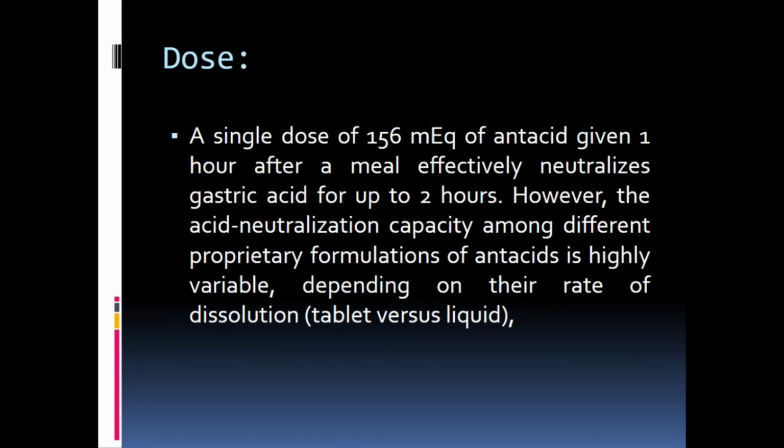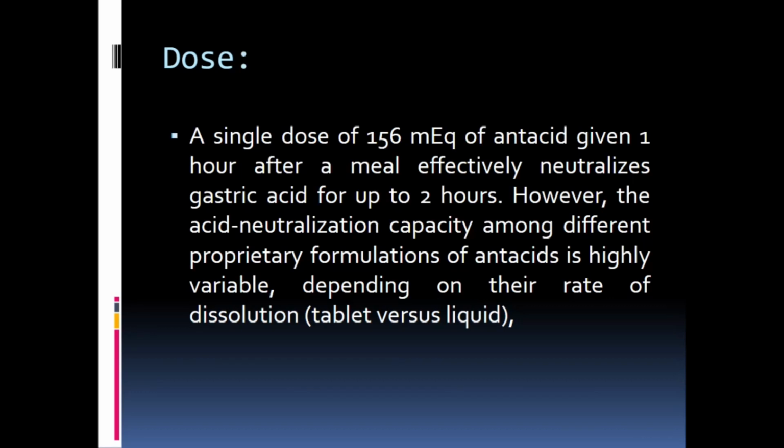Is this clear? So the same is written over there. A single dose is given 1 hour after a meal, not before a meal. Sometimes people also take it before a meal, but 1 hour after a meal will help to minimize acidity even after digestion.